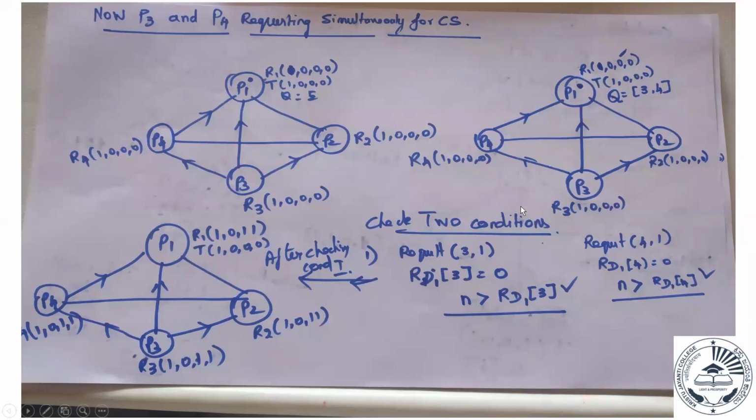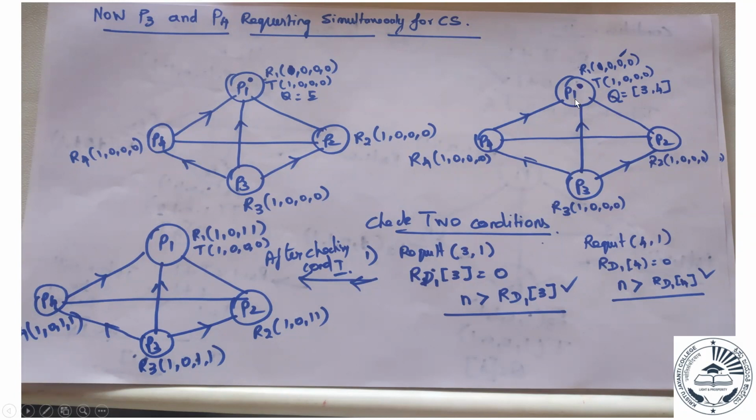Now what we have to do is check the two conditions as I told you. What are the two conditions? Now P1 has to check for P3 as well as P4. There are two deferred messages for P1. Currently P1 is having the token. Now P3 and P4 are requesting for the critical section, and when they request it, they have to satisfy two conditions.